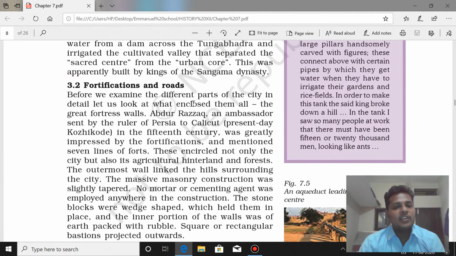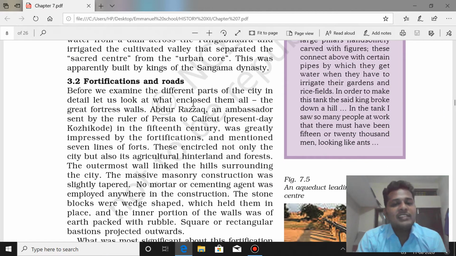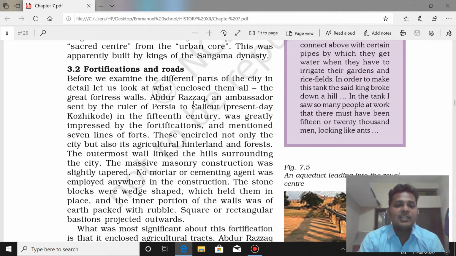Now we are getting into fortifications and roads. Before we examine the different parts of the city, let us look at what enclosed all this great fortress.